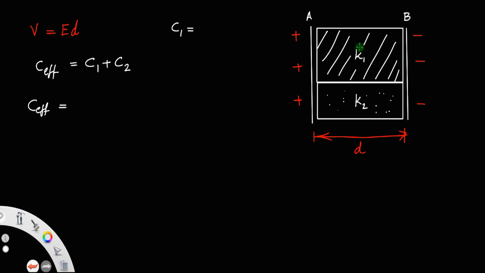See, the dielectric constant of the first capacitor is K1, so K1 epsilon 0. See, these areas are different. Clear? For the capacitance 1, let's take its cross-section area A1, and here the area will be A2. See, the dielectric will be like this.